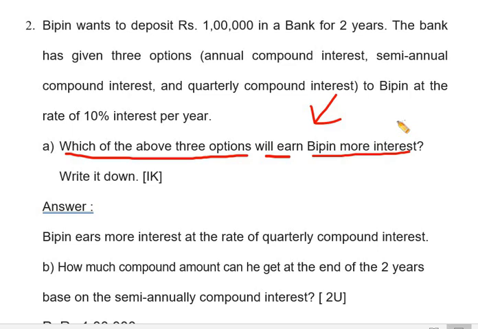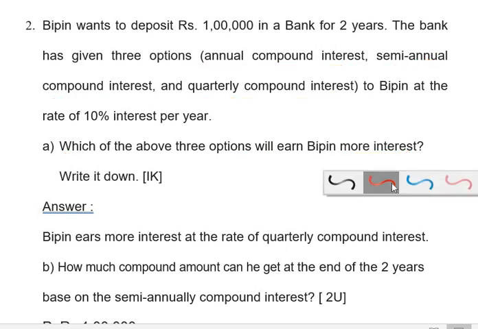Your work is to show Bipin which option is the best option, in the case of annual compound interest, semi-annual compound interest, and quarterly compound interest.